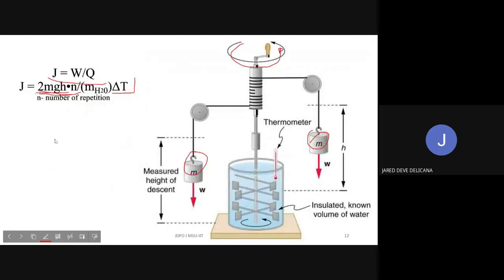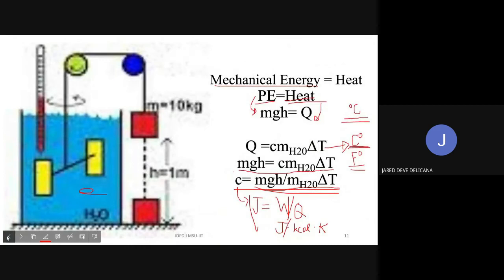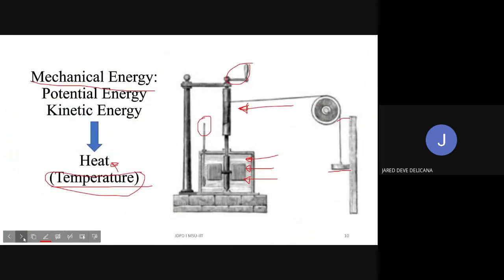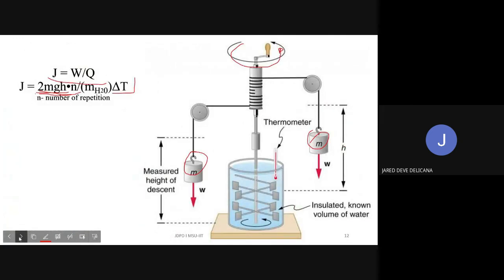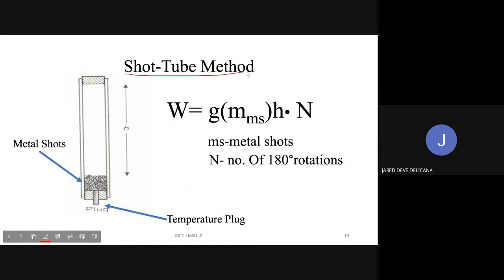And I have to mention the drawbacks of these setups. This is only efficient for fluids, most specifically liquids. For metals, this would be less efficient. And so we have another method, the shot tube method, and this comprises a tube here. This is actually a PVC tube. This is the one that you're supposed to be using in your experiment if you had face to face.